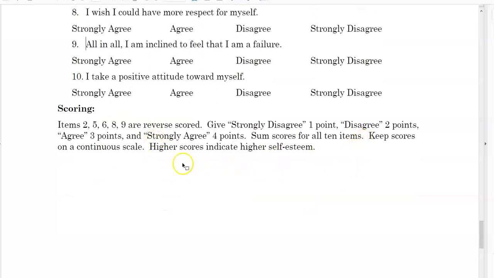And then you will see the way to interpret it, given here in a very simple way: the higher scores indicate higher self-esteem. So that helps you understand how you must interpret the instrument.